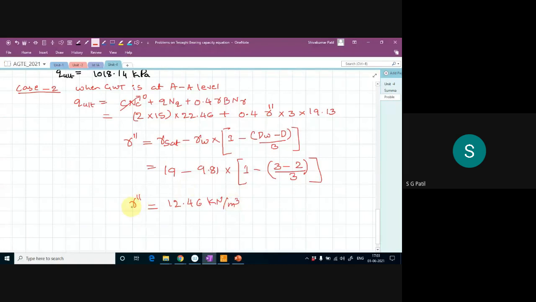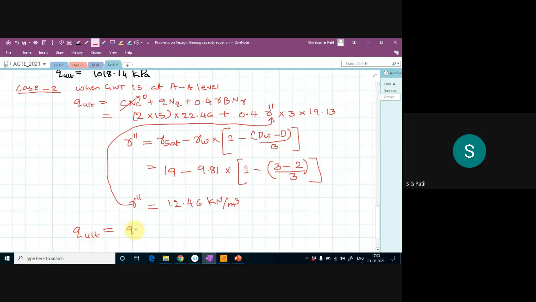Okay, so now you put this gamma double prime in this equation. Where do you put it? Tell me the answer, Q ultimate. How much will you get? 959.8.